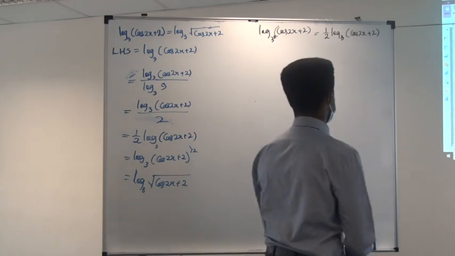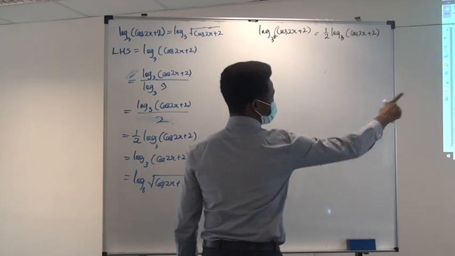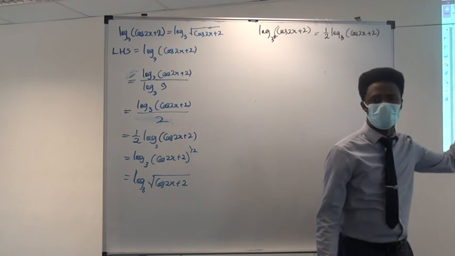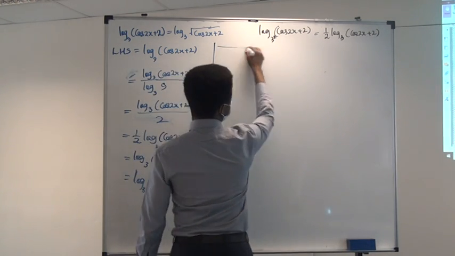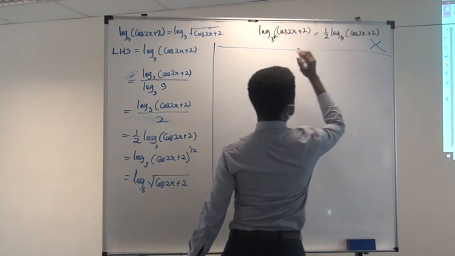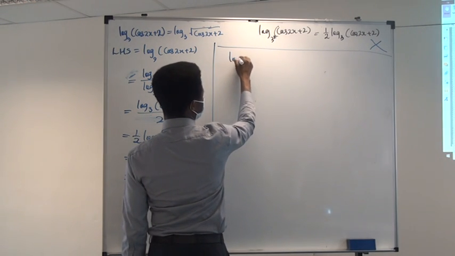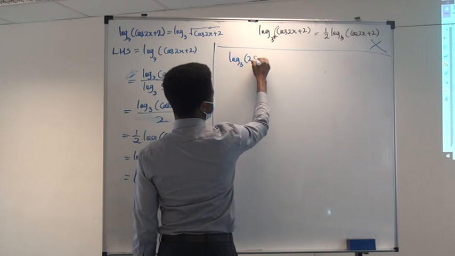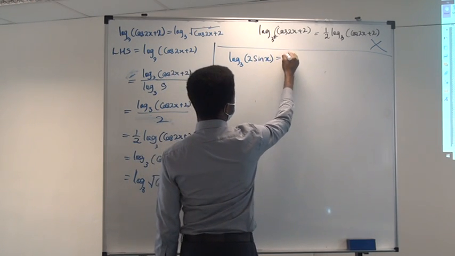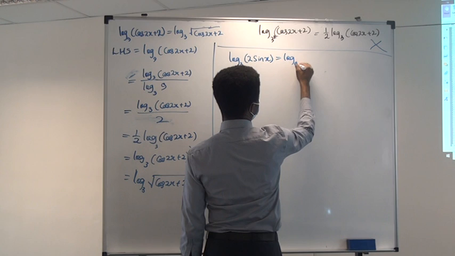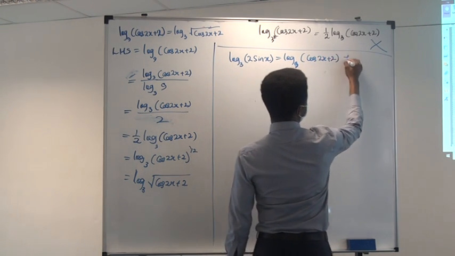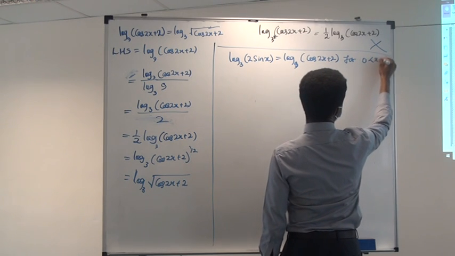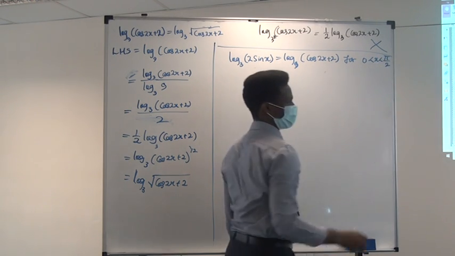Understand? So the next thing we are asked to do is to solve this equation, hence or otherwise. The equation log to base 3 of 2 sine x is equal to log to base 9 of cos 2x plus 2, for 0 less than x less than pi over 2.